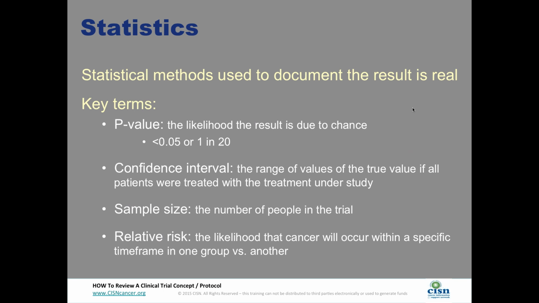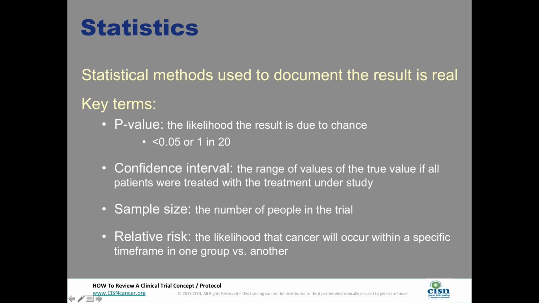So the statistics section, this is for some people the toughest section. It's where it's the toughest to have comments that are helpful because it's hard to understand what these terms mean. P-value is the big one, and what they're trying to do is determine if the likelihood of the result is due to chance, and that number is less than 0.05 or 1 in 20.